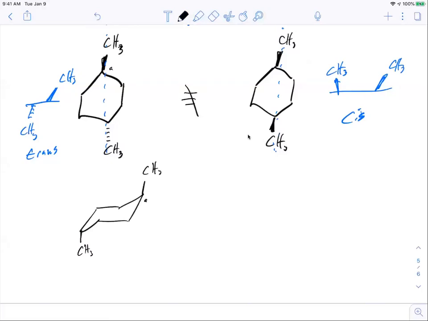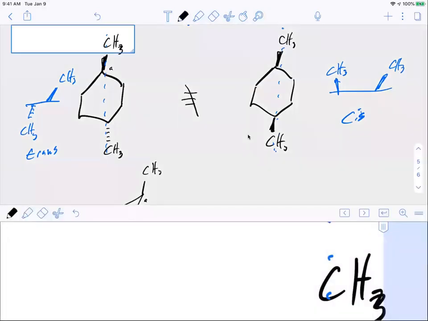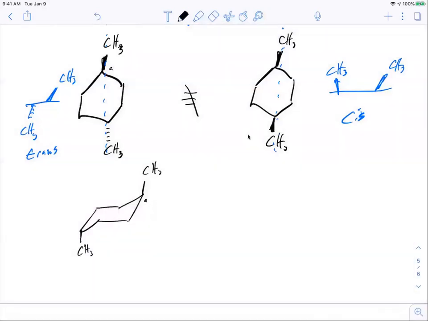Okay, if we draw the other one, again, let's start and let's try and use the same. Now when we put our CH3 up, I can use a diagonal line between those two to help.